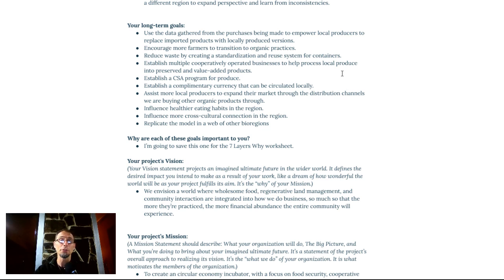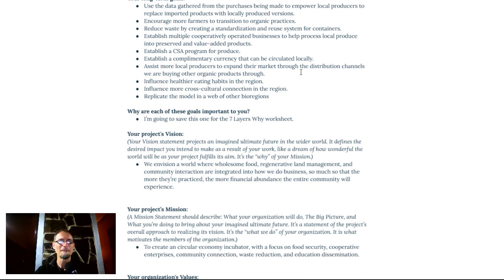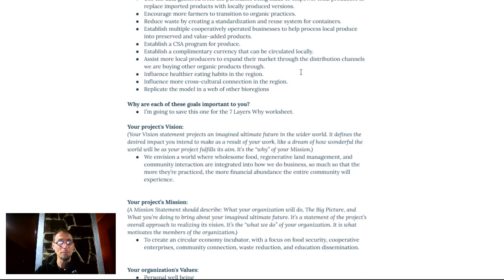We're going to establish multiple cooperatively operated businesses to help process local produce into preserved and value-added products. We're going to establish a CSA program for produce once we have the infrastructure for that.